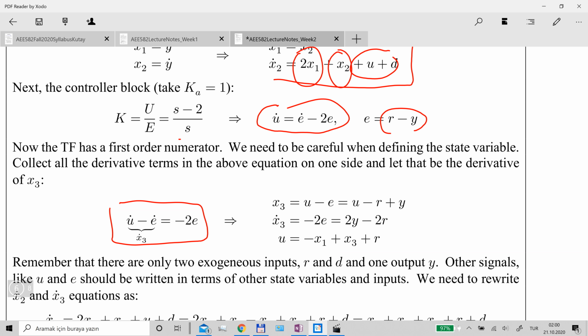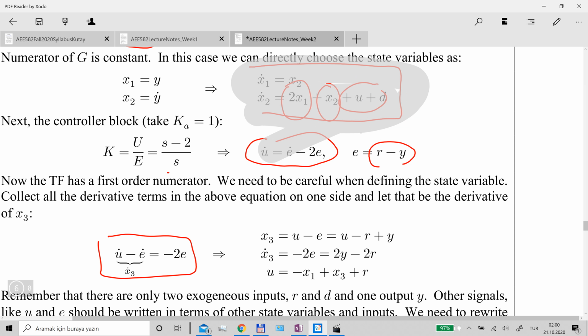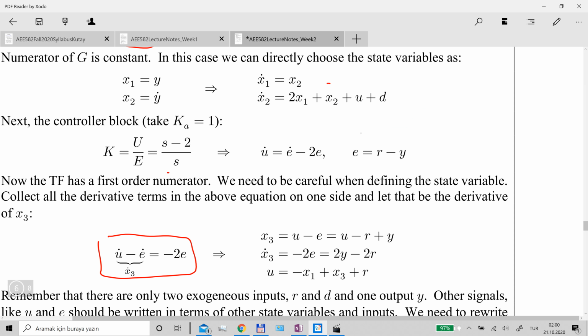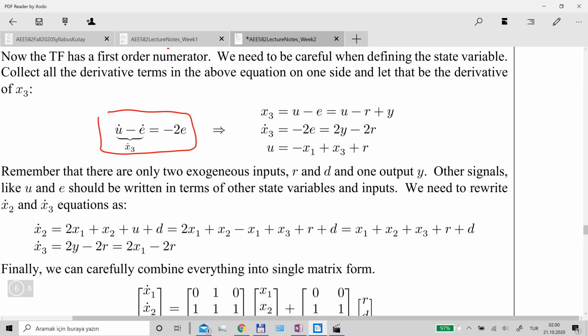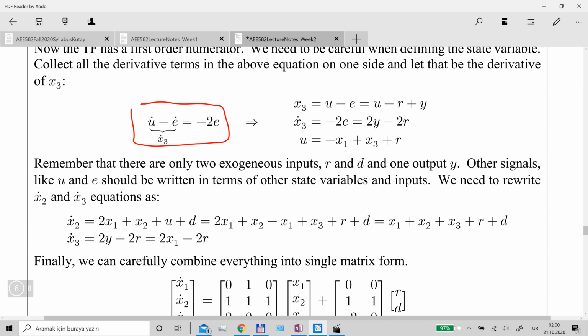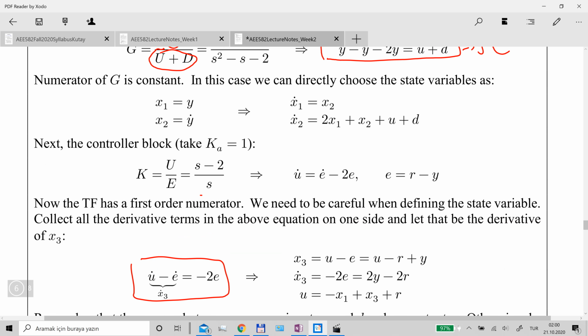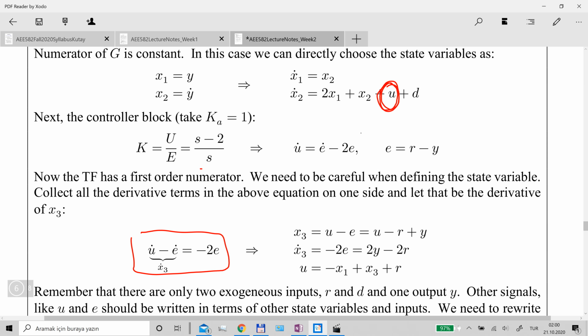Okay, so I have now three state equations, x1 dot, x2 dot, and x3 dot, and everything should be put together. But before doing that, we need to make sure that all the internal signals are cleaned. And I think we already have some internal signals. Well, we still have some internal signals, right? U is an internal signal here. So I should get rid of that u, and I can do that by using this output expression I wrote for this controller block.